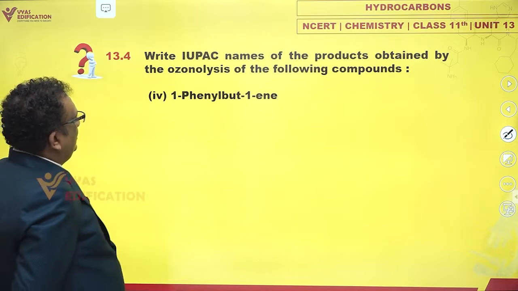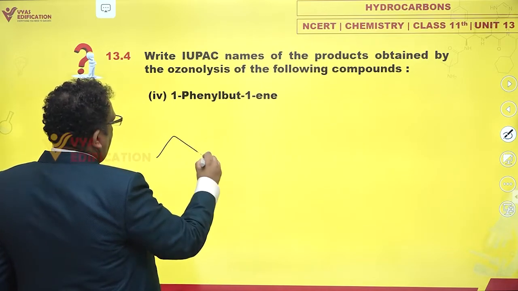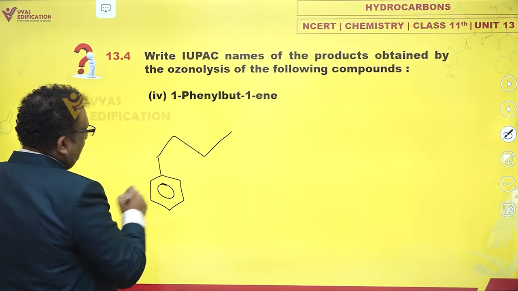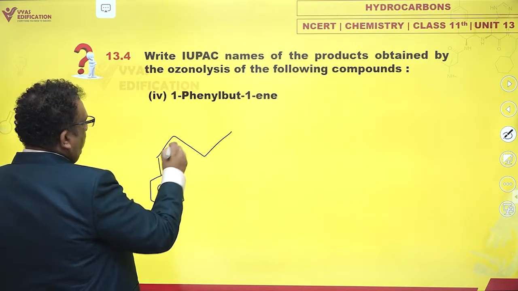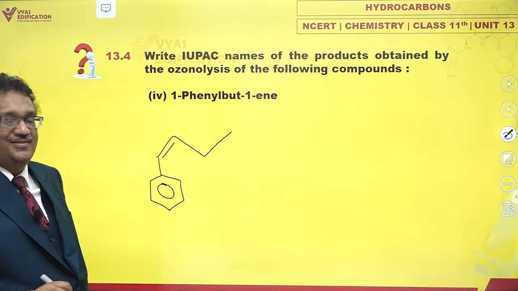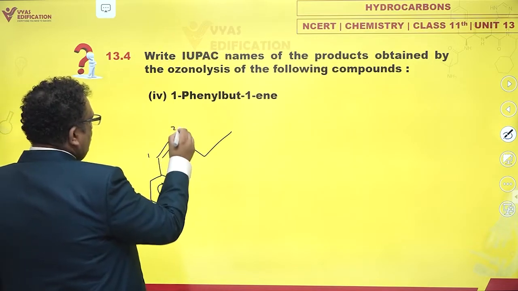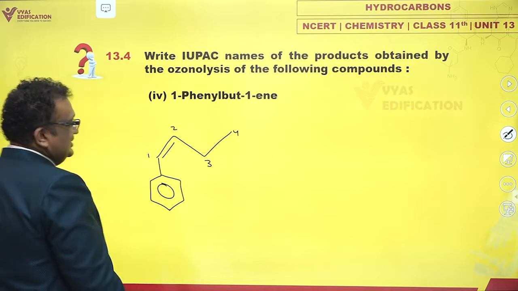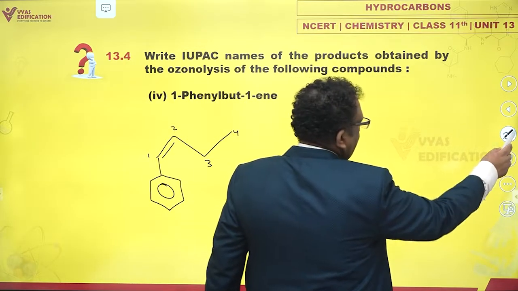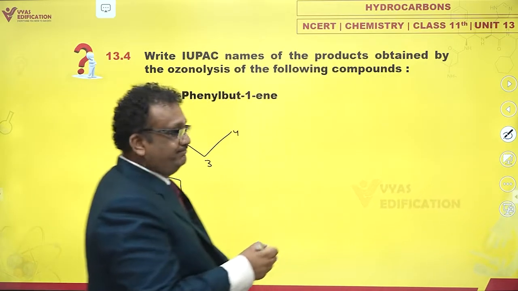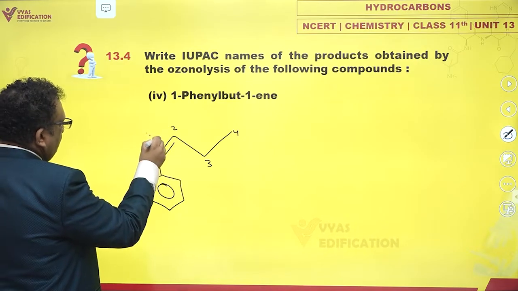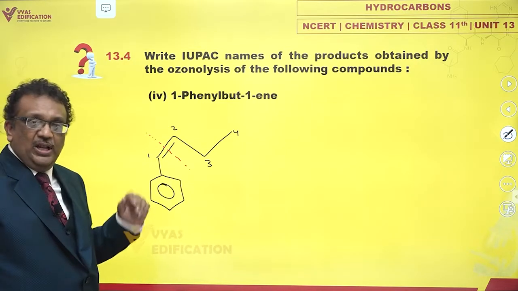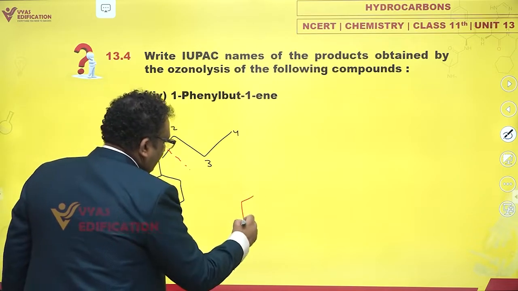What does that look like? 1-phenyl-but-1-ene, like this. 1, 2, 3, 4. If you ozonolyze this, what do you get?